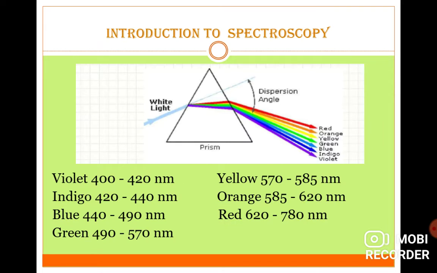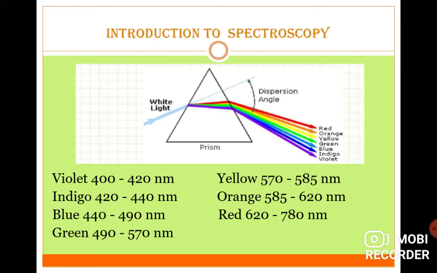Here, in the VIBGYOR pattern of the prism, each color absorbs light of a particular range of wavelengths. Violet absorbs 400 to 420 nanometer, indigo absorbs 420 to 440 nanometer, blue light is absorbed at 440 to 490 nanometer in the spectrometer.